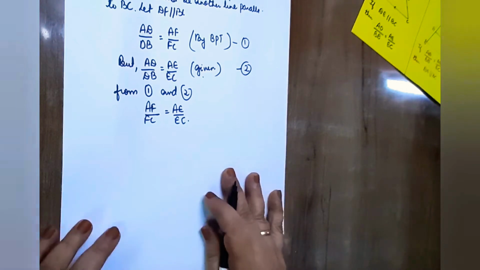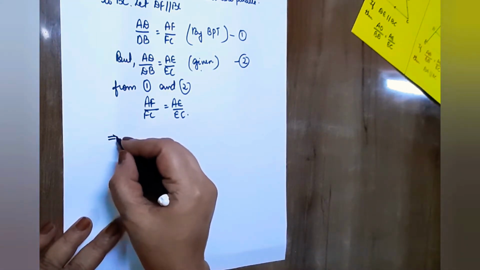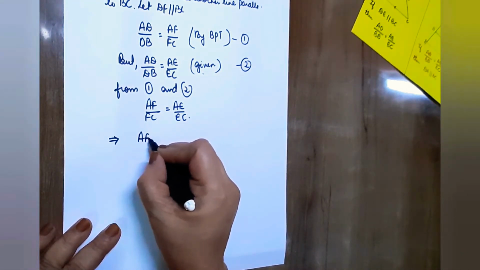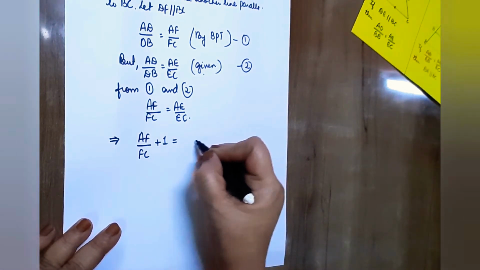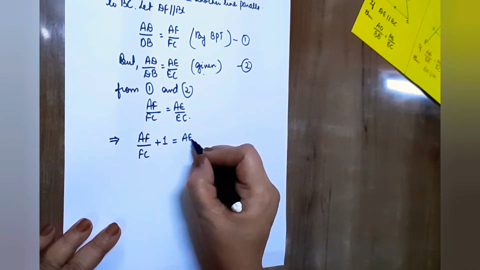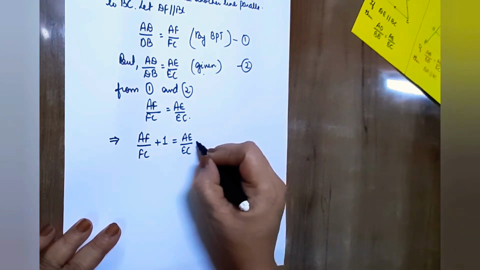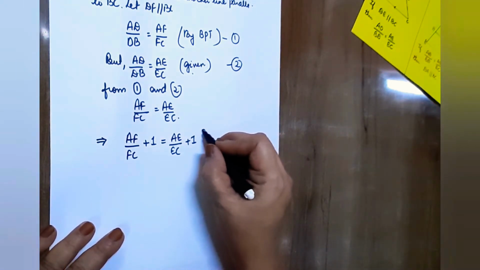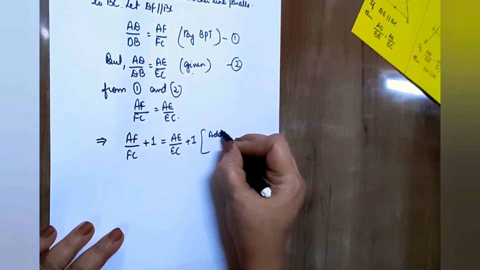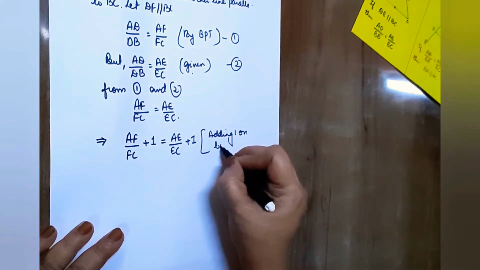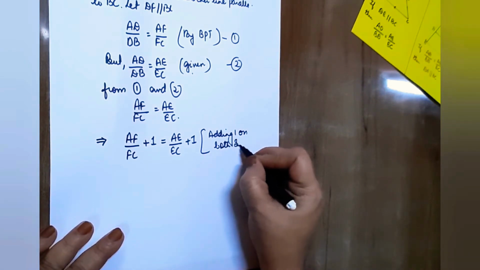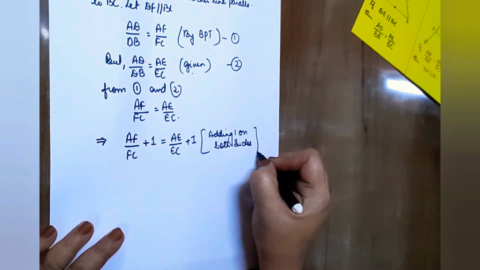To continue, what we will do here is add 1 to both sides of AF by FC equal to AE by EC. Why are we doing this? In the next step we will come to know. We are just adding 1 on both sides.